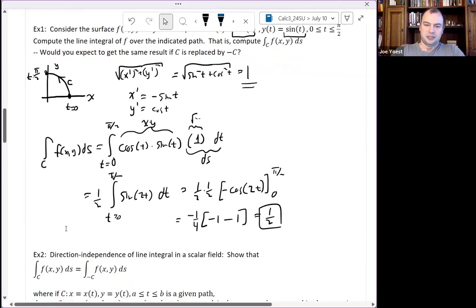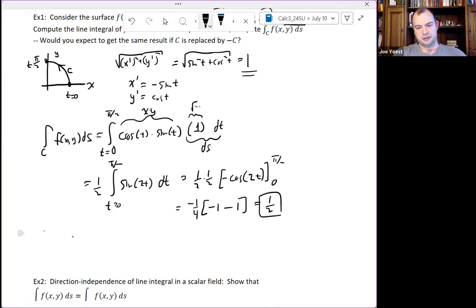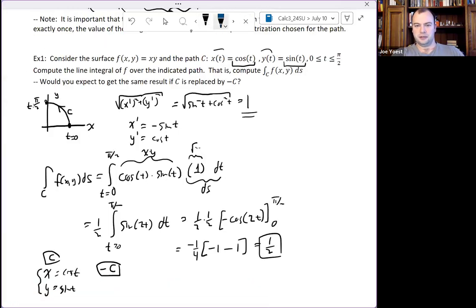And in fact, we can see that if instead of x equals cos t, y equals sine t, which was our curve C, what does our curve negative C look like if I want to start here and go this way on the same curve, but I'm just drawing it off to the side?